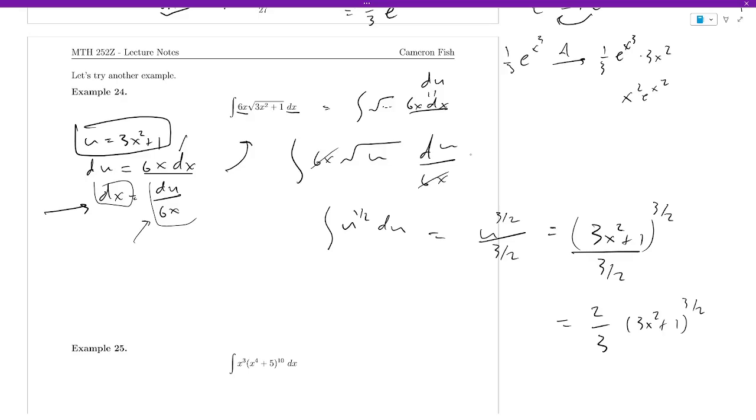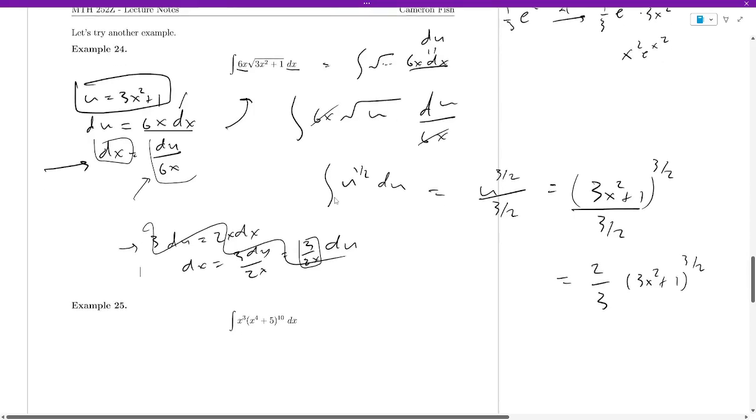For example, it doesn't always happen, but if you had somehow had 3 times du equals 2x dx, if that was the equation you started with, then it's helpful because this is 3 du over 2x, so it's 3 over 2x du, and the 3 over 2 showing up might not have been obvious from here. Don't worry too much about that.